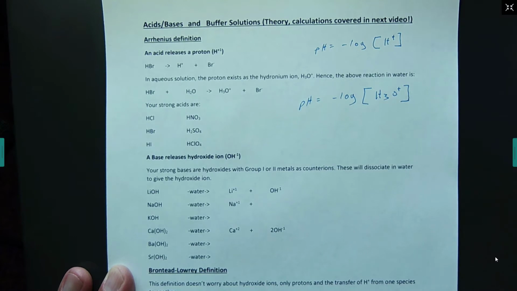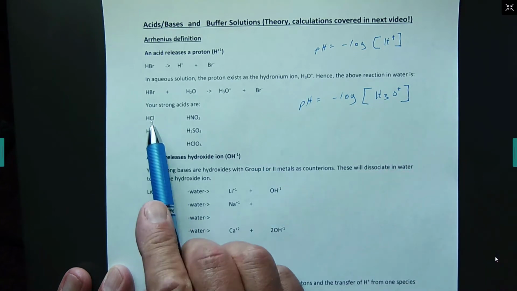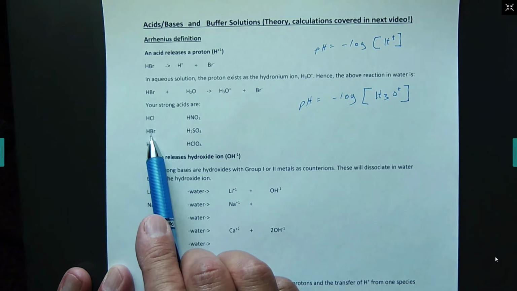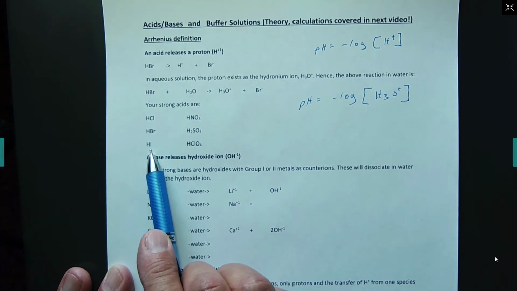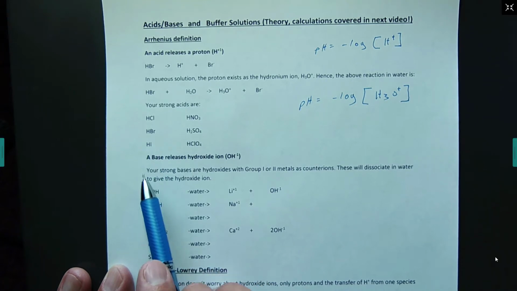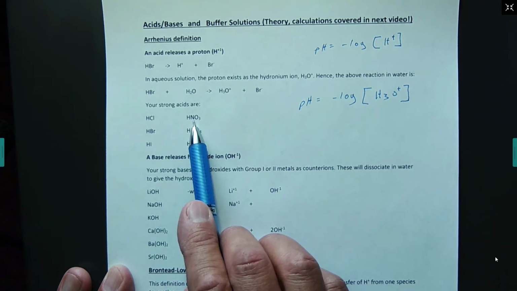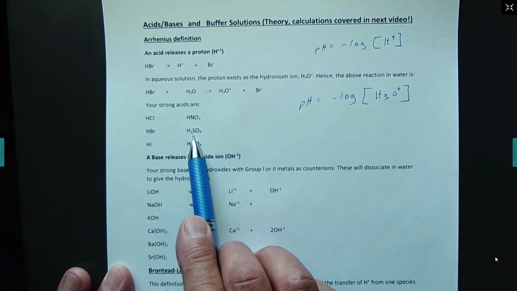Anyway, you got to know your strong acids. There's 6 common strong acids out there. I've listed them here. You have hydrochloric acid, hydrobromic acid, hydroiodic acid, wickedly strong stuff, the hydroiodic, nitric acid, sulfuric acid, which is battery acid.